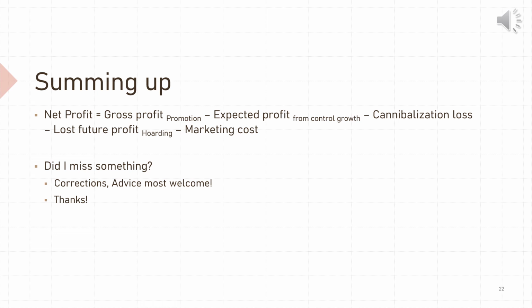Then we see if cannibalization had happened in the control group. If it had, we subtract the apportioned cannibalization loss. If multiple treatment items are sharing the same control group, then we need to divide that cannibalization loss. I think we have seen all that in the cannibalization slide. So we subtract that cannibalization loss.